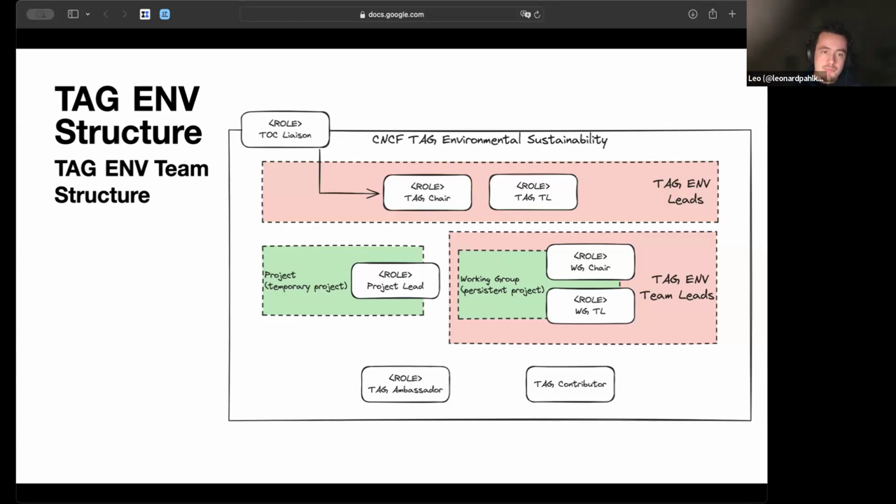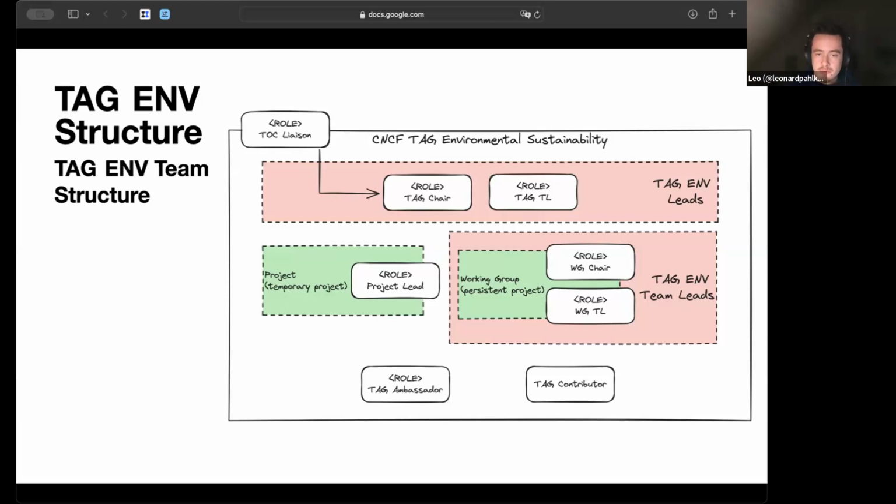And the TOC, which is shown on the next slide, is responsible for the entire ecosystem, and the tags just extend the TOC. And the tag chairs are kind of in contact with the TOC.